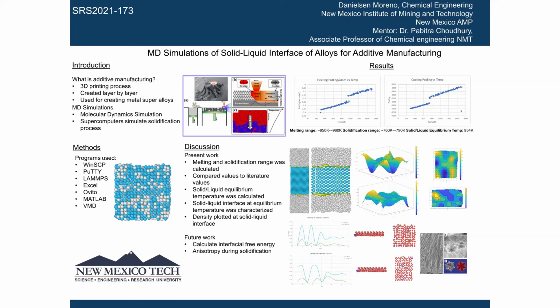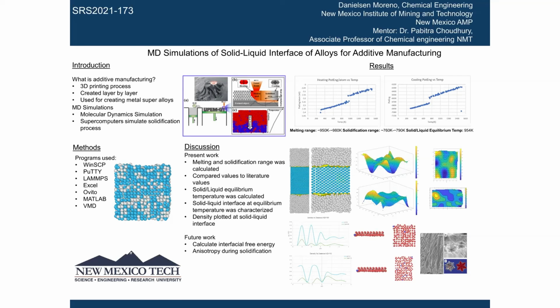And so once I found the melting range, there's a specific temperature where a metal can exist in both solid and liquid phases. I found that temperature to be 954 Kelvin.